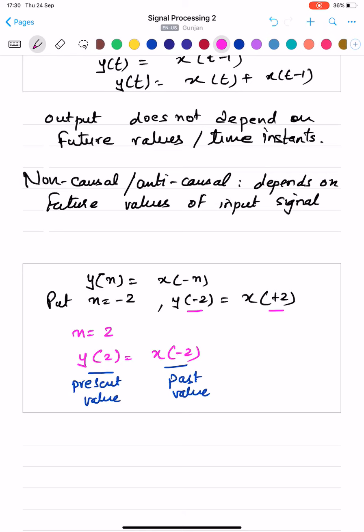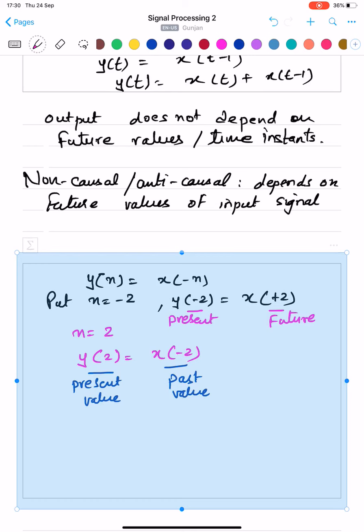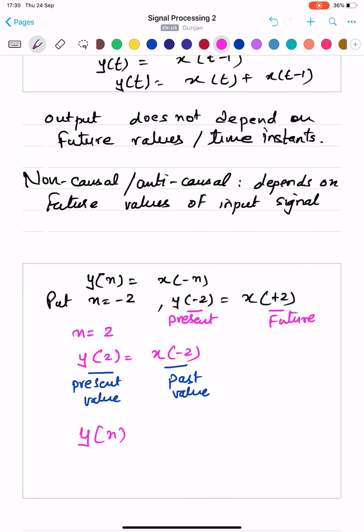I'm saying again here that for y of minus 2, the present depends upon future. So this y[n] equals x of minus n is a non-causal or anti-causal system.